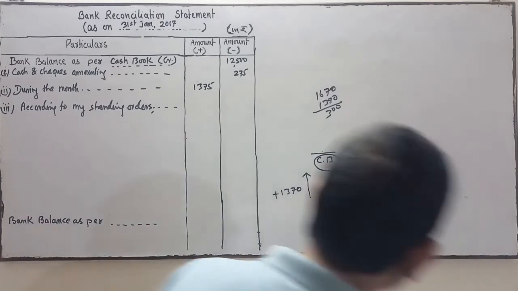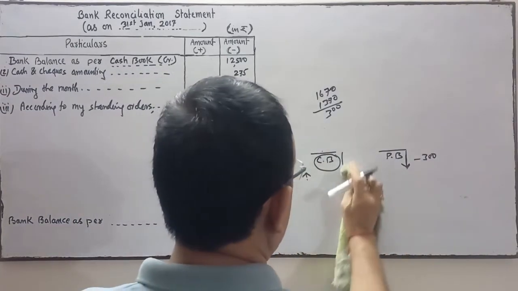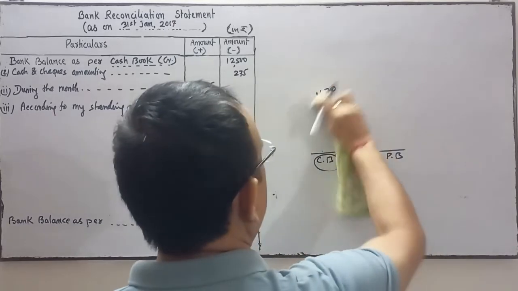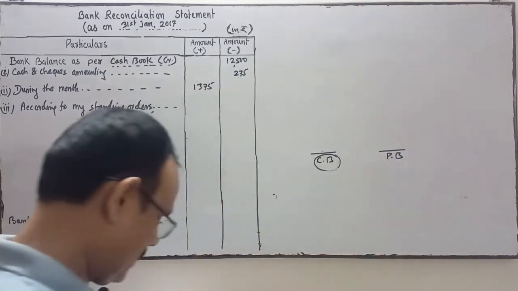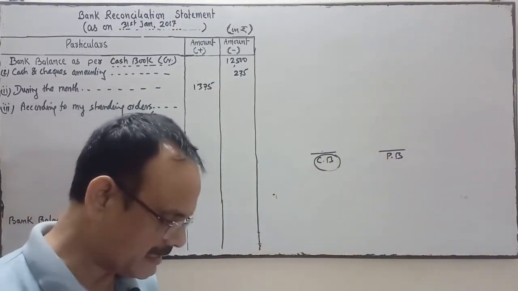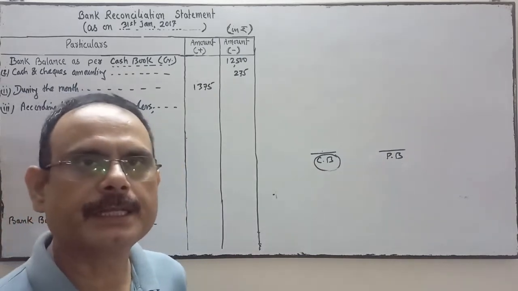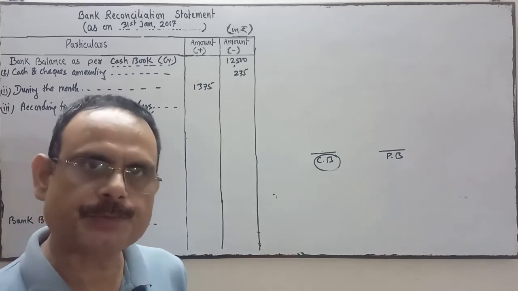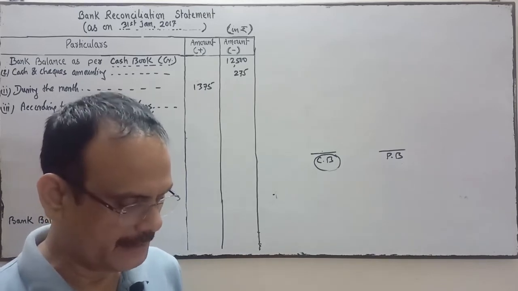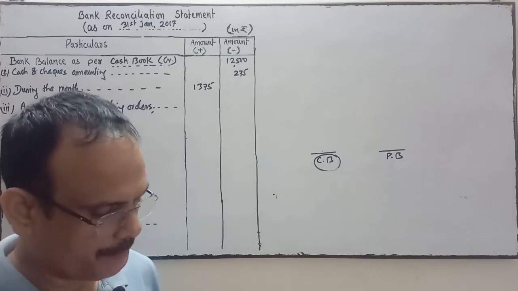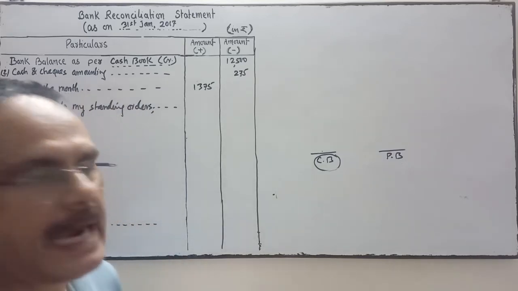Banker have been paid according to our standing order. According to my standing order, banker have been paid during the month of January the following: life insurance premium, television license fees, and driving license fees. These are paid by the banker as per our standing order.